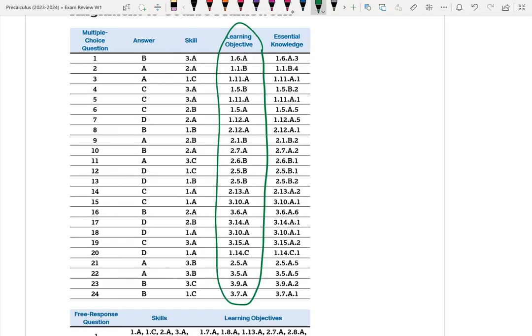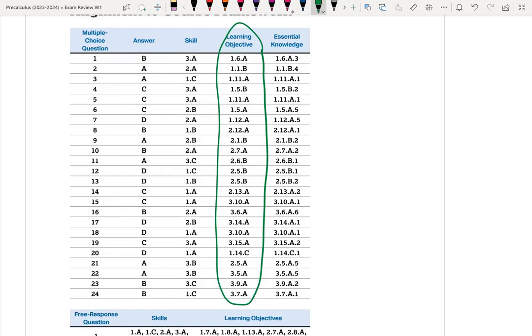So, very first question is 1.6. That is where we would find that information. Question 2, 1.1. Question 3, 1.11. And so forth. I made sure I structured our notes based off of College Board's pacing and outline, so our notes will match up with what we have here.